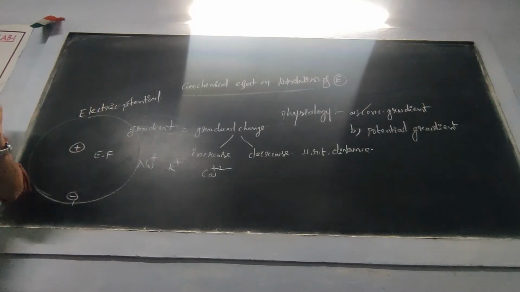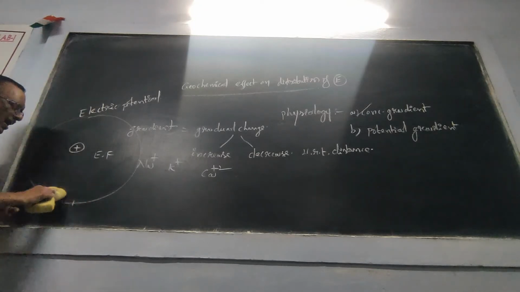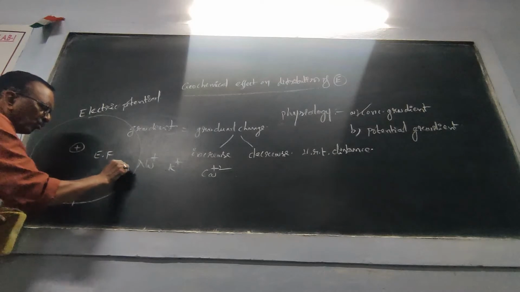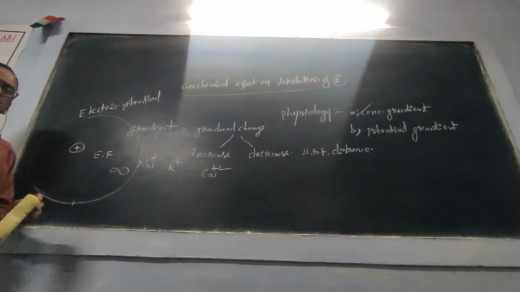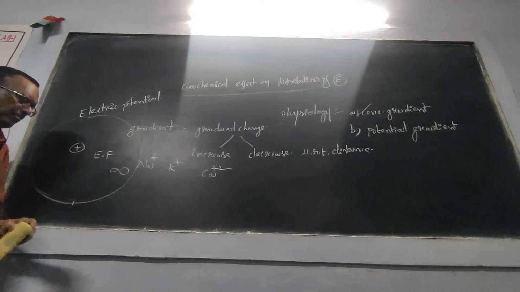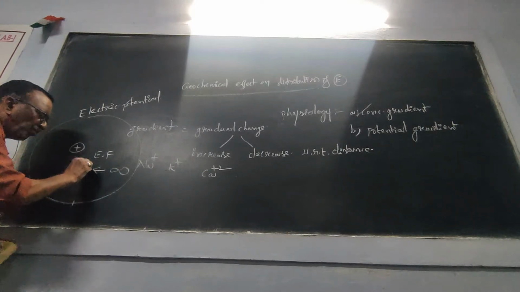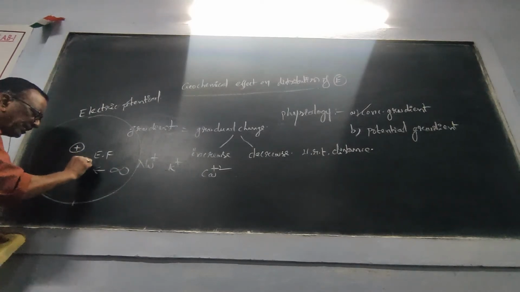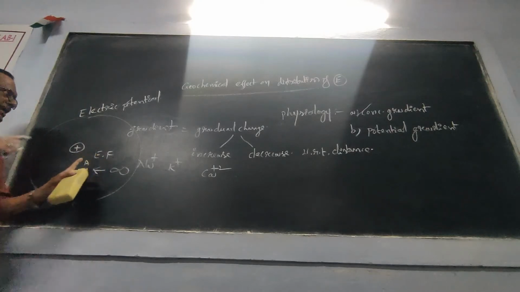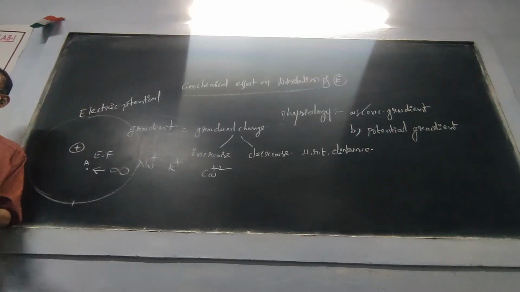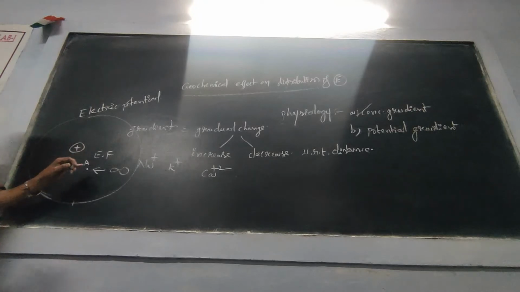Now, it is the amount of work done in moving a unit positive charge from infinity to a particular point in the electric field that is called electric potential. I will repeat.